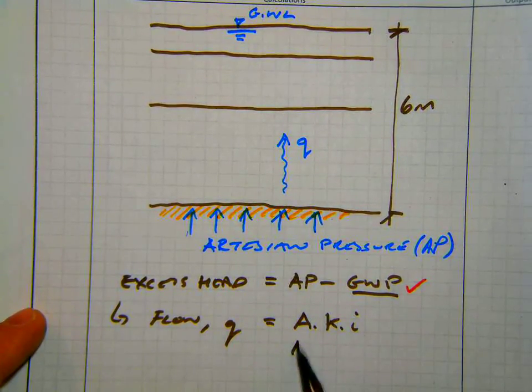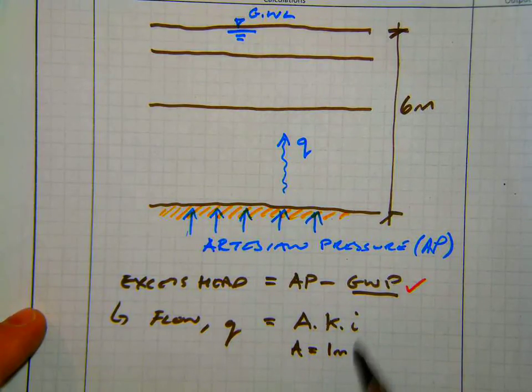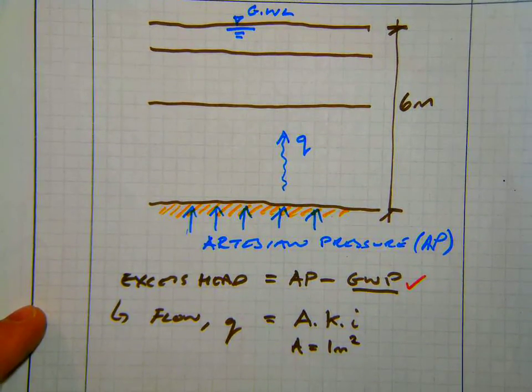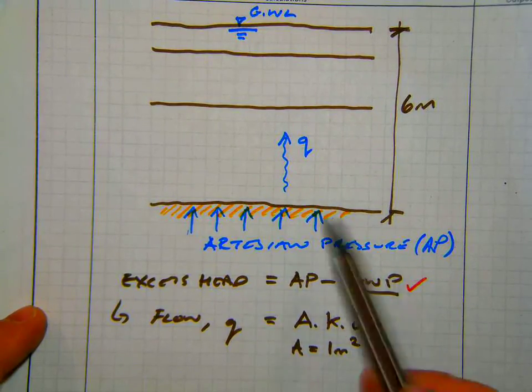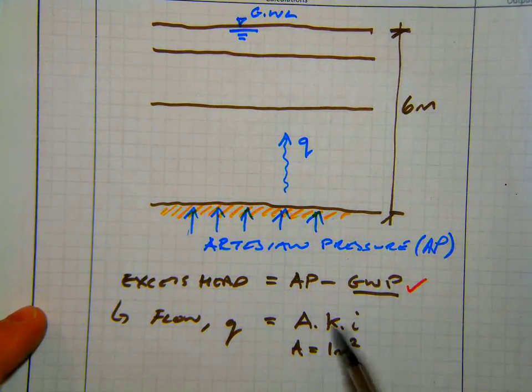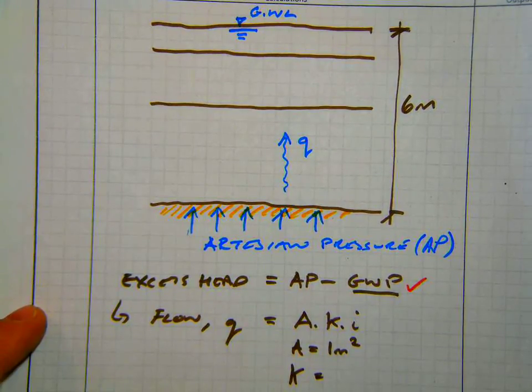We could just assume 1 meter squared, and put this whole problem in meters. And K is the permeability, and I is our hydraulic gradient.